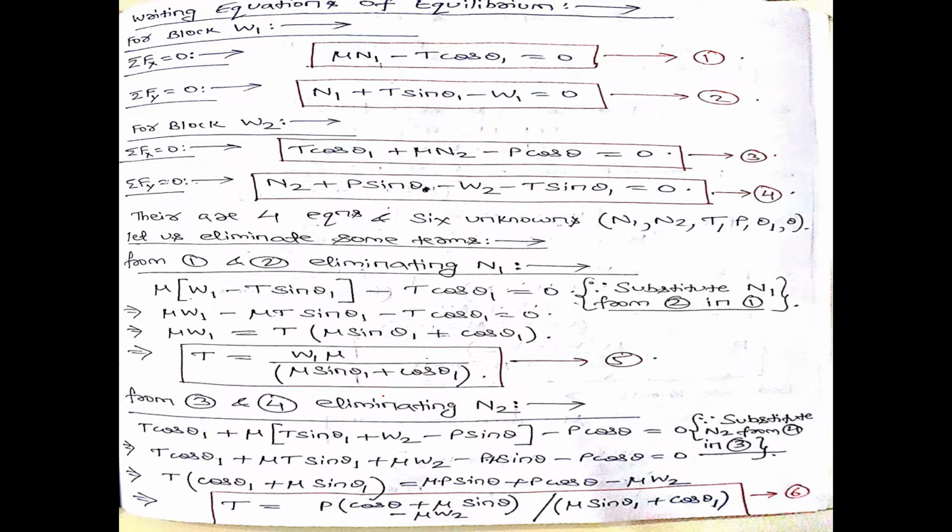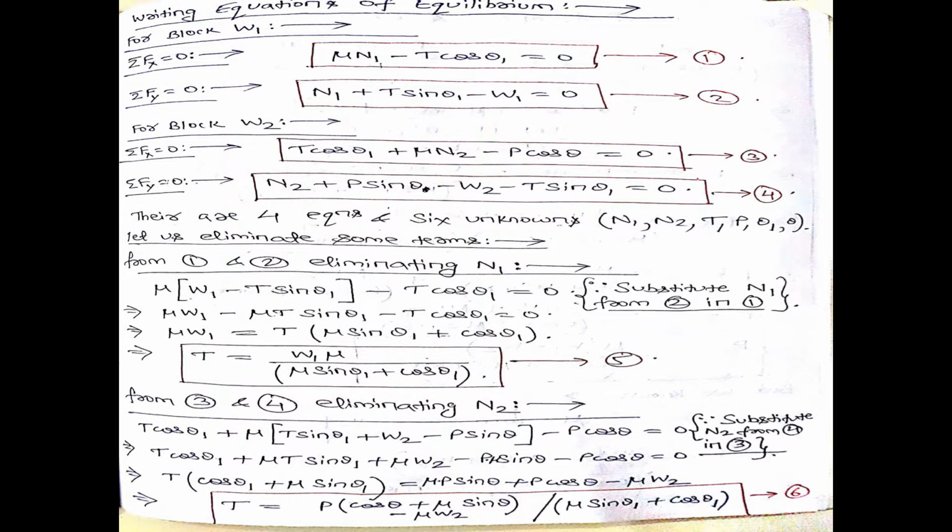Similarly, if I take the help of equation number 3 and equation number 4 and formulate tension T equal to something, then my problem is solved, because the LHS of equation number 5 will be equal to the LHS of equation number 6. We can equate equation number 5 and 6. Yes or no? So now I will be eliminating N2.